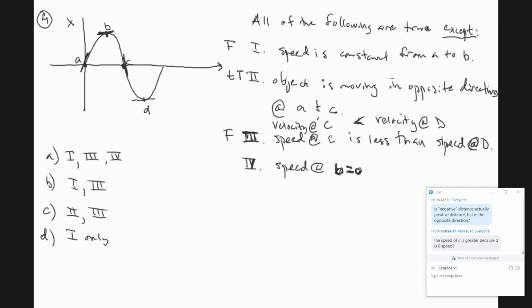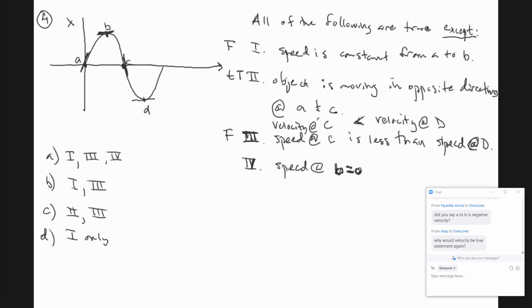Correct, Michaela. Speed at C is greater than speed at D, not the other way around. Velocity at C, though, is less than velocity at D. That's a true statement, okay? No, negative acceleration is not the same as decreasing velocity. Decreasing is different than negative.